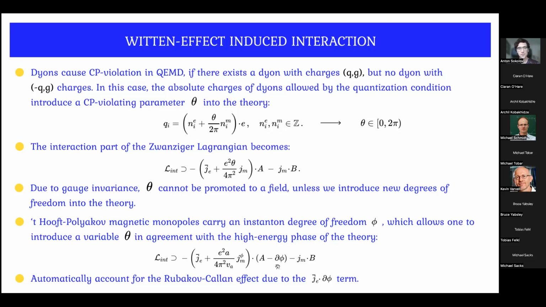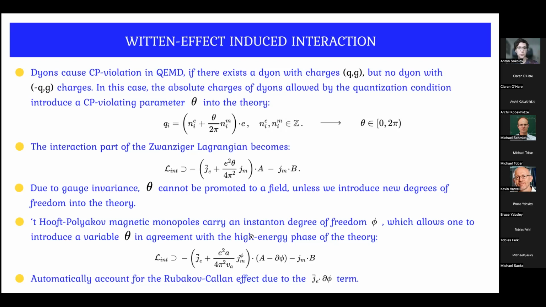And from this we understand that this kind of coupling arises for the 't Hooft-Polyakov magnetic monopoles, which arise from the spontaneous breaking of a non-abelian gauge theory. In non-abelian gauge theory we have instantons, and these instanton effects actually survive on the monopole in the form of this extra phi degree of freedom, which is also known as the dyon collective coordinate.